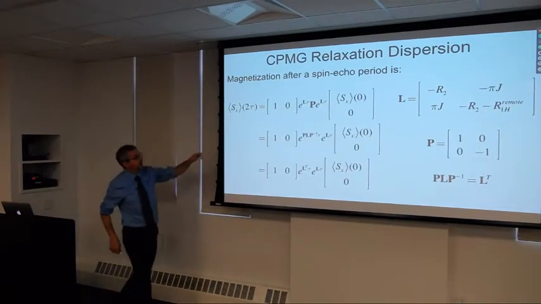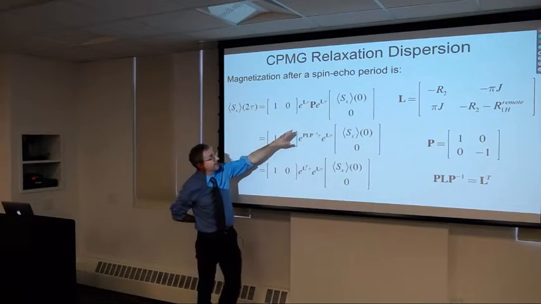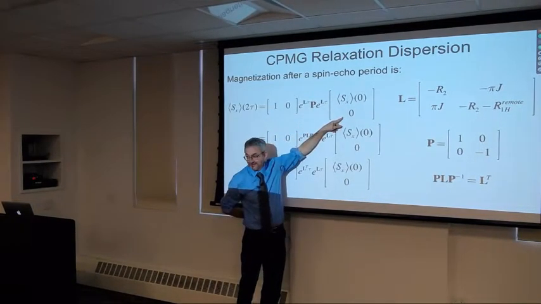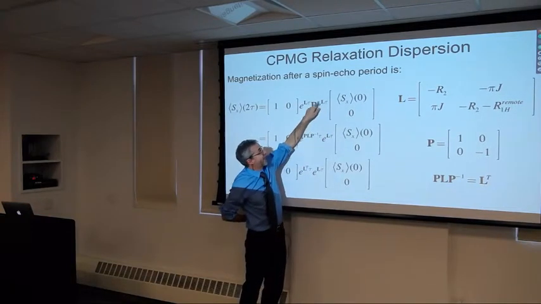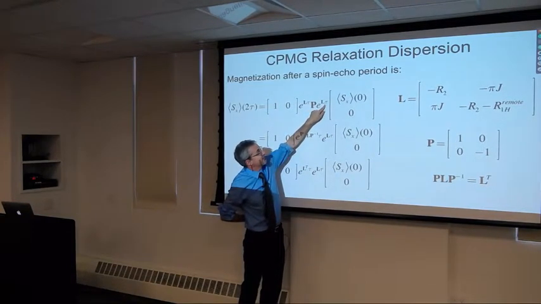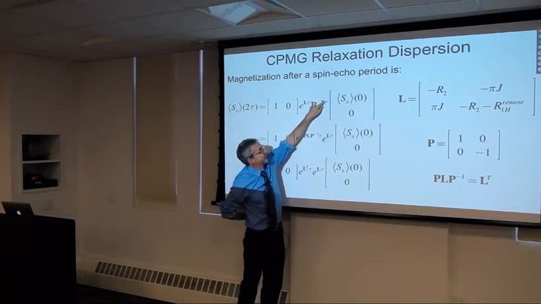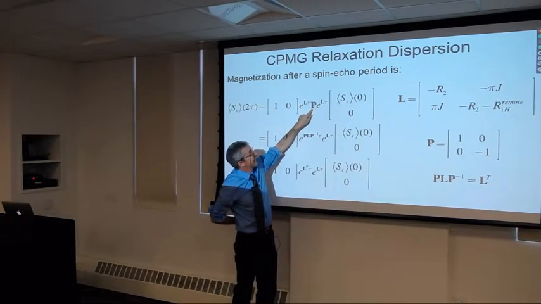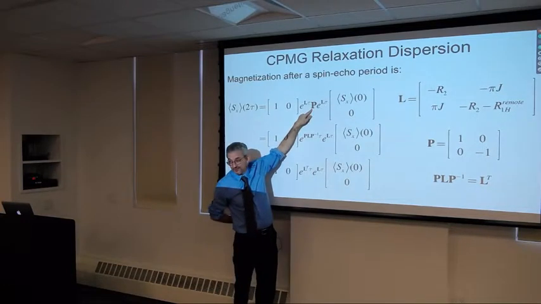So here is now, for one spin echo, if I start with in-phase magnetization, then it will evolve for a time period tau as this complex exponential, where L is the rate matrix. And then P is my spin echo.